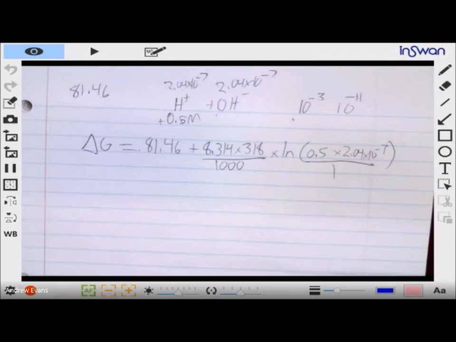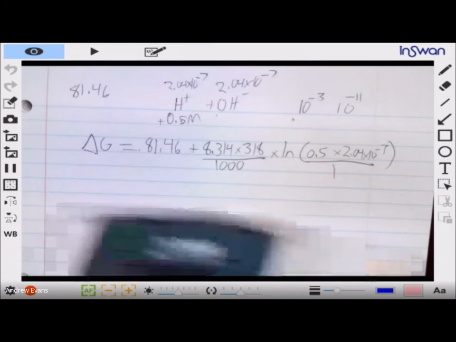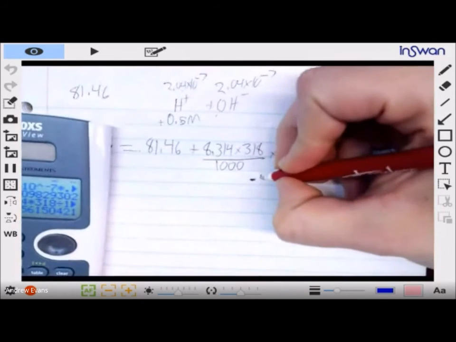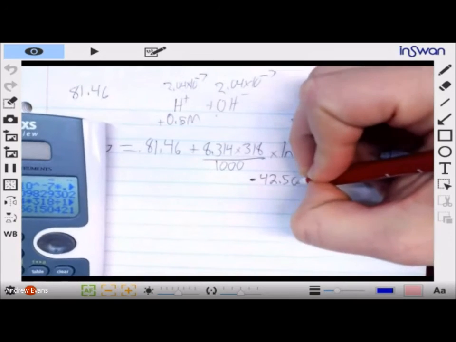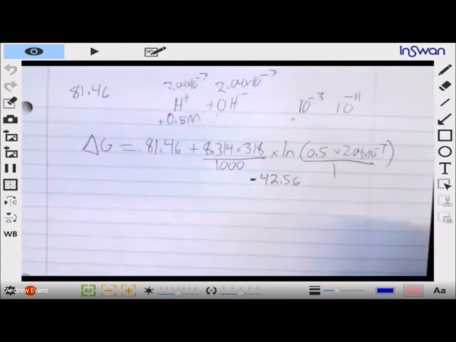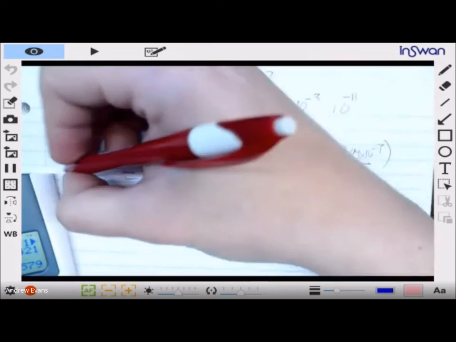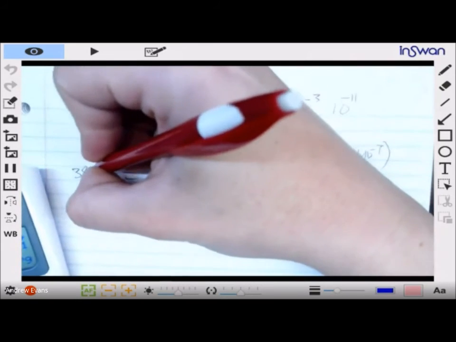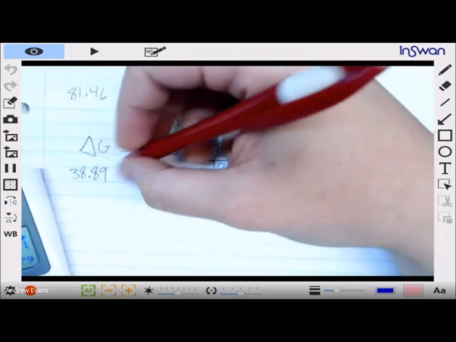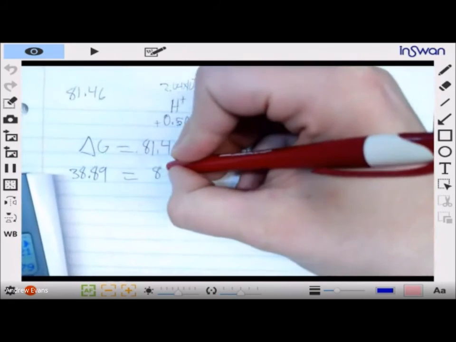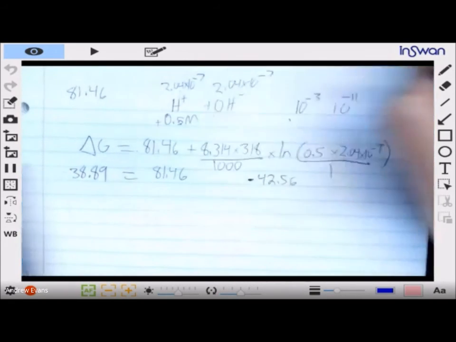Working that out with 8.314 times 318 divided by 1,000, you're adding that 2.56 to 81.46. Our delta G non-standard, which means it's not at equilibrium, has dropped down to 38.89.